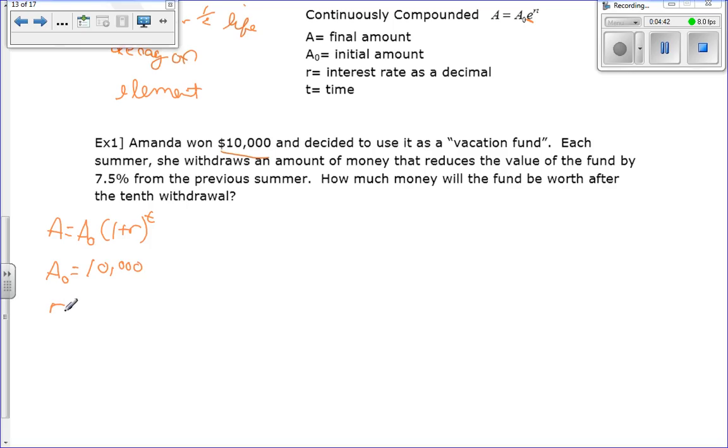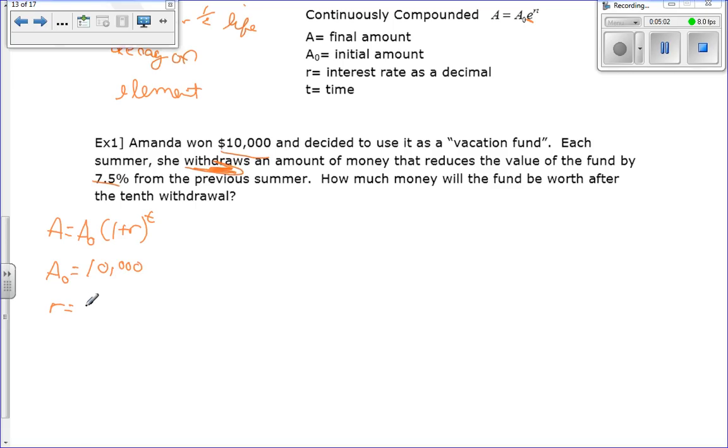R is my interest rate. Well, my interest rate is 7.5%, but I need that as a decimal. And something else that's really important is the fact that she's withdrawing her money. And if you're withdrawing, that means your value is going down.